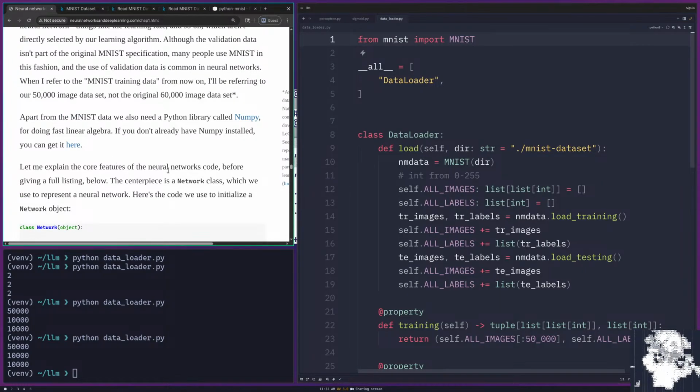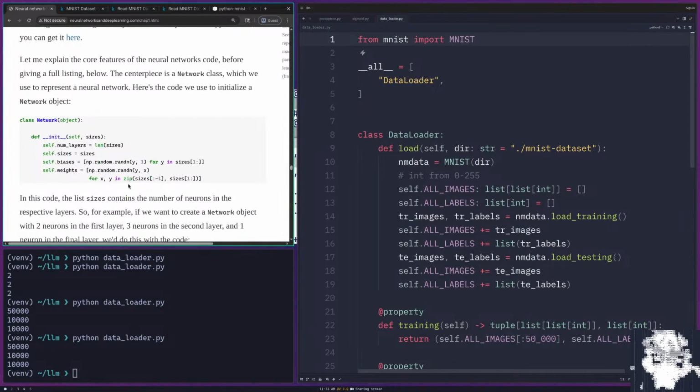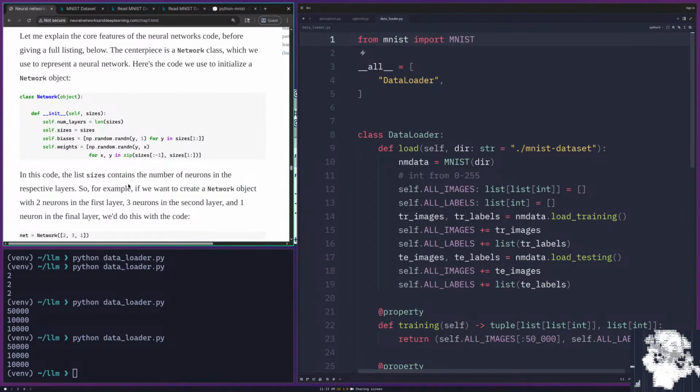The centerpiece is a network class, which we use to represent a neural network. Here's the code we use to initialize a network object. In this code, the list sizes contains the number of neurons in the respective layers. So for example, if we want to create a network object with 2 neurons in the first layer, 3 neurons in the second layer, and 1 neuron in the final layer, we do it with this code, network 2, 3, 1.